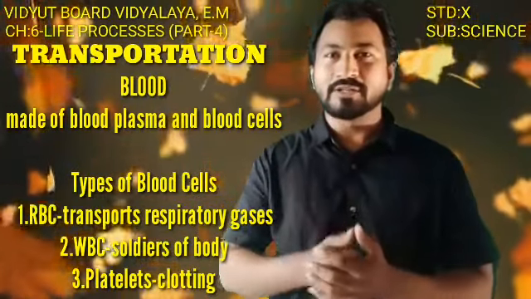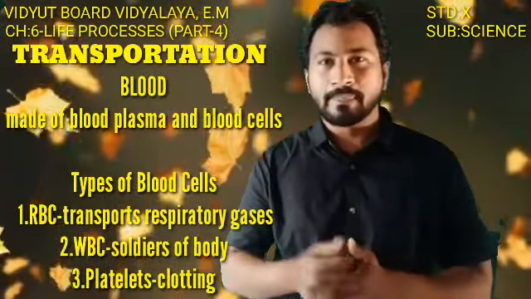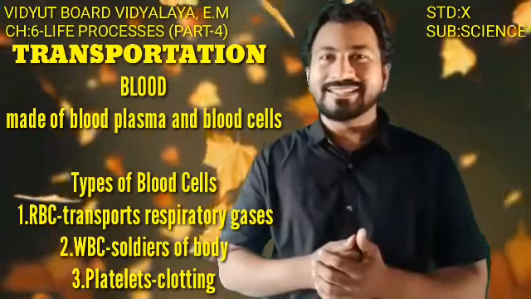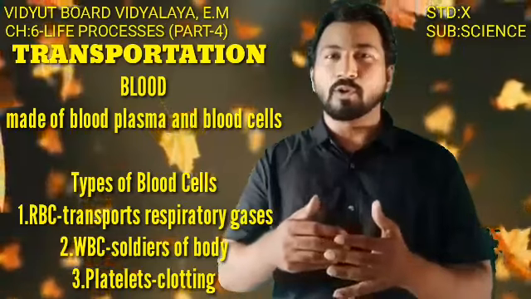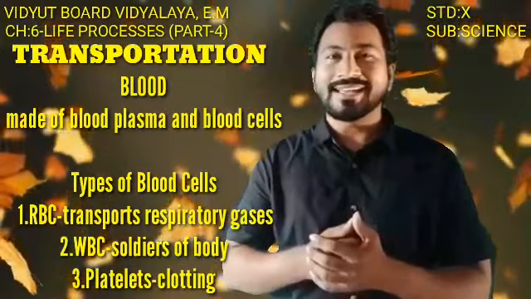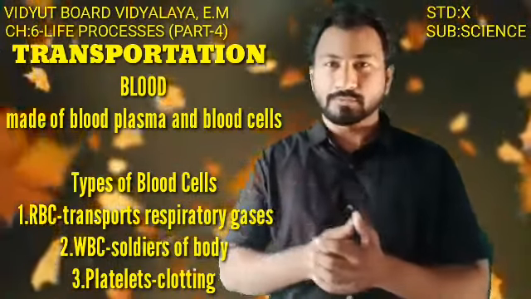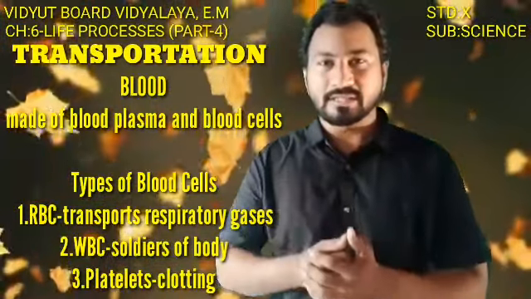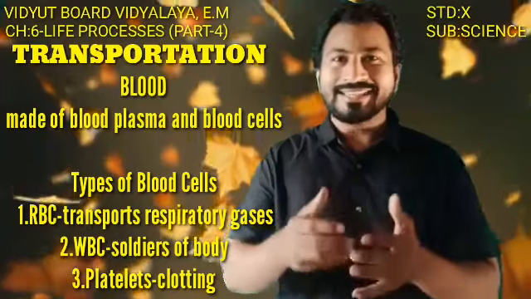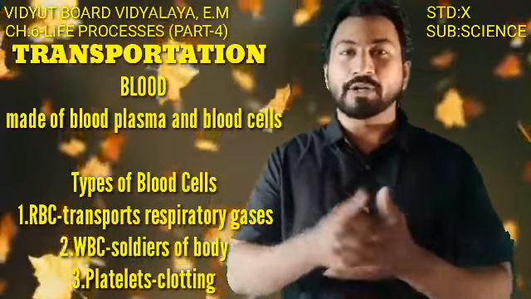Now let us see the functions of all three of them. Red blood cells are mainly responsible for the transport of various gases like O2 and CO2. The second one, the WBCs, white blood cells, are said to be the soldiers of the body.